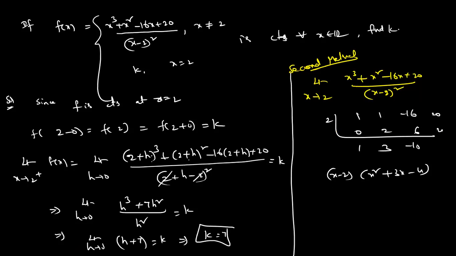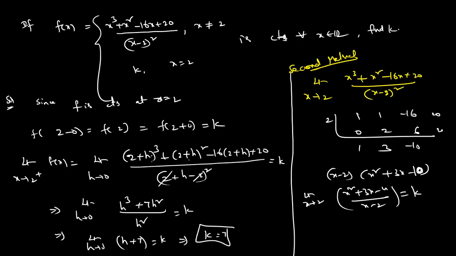Dear students, limit x tends to 2 of (x square plus 3x minus 4) by (x minus 2), because x minus 2 cancels. Still, put x equal to 2, the answer is minus 10, no? Yes.